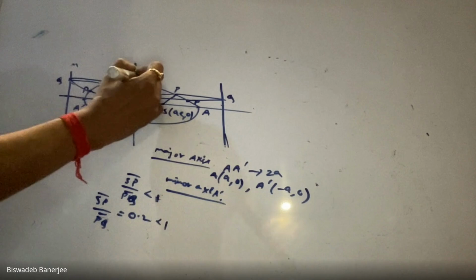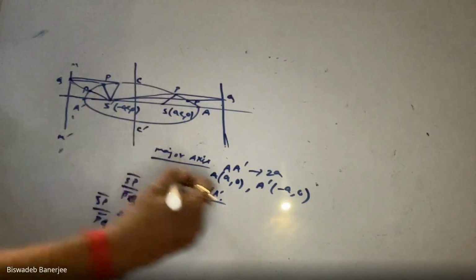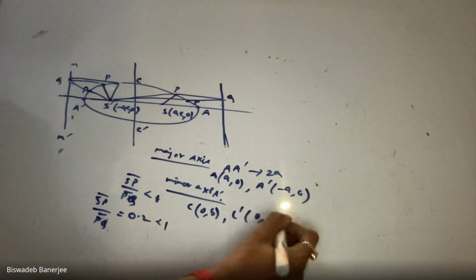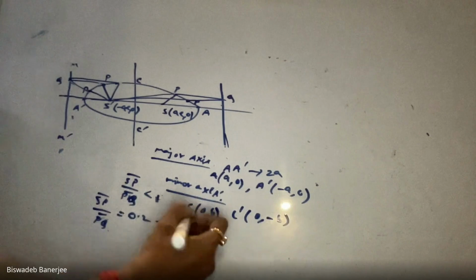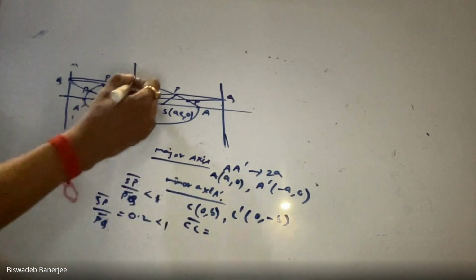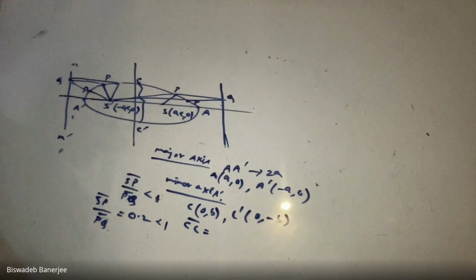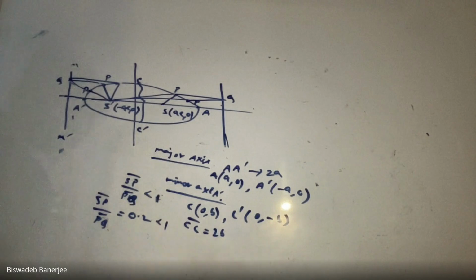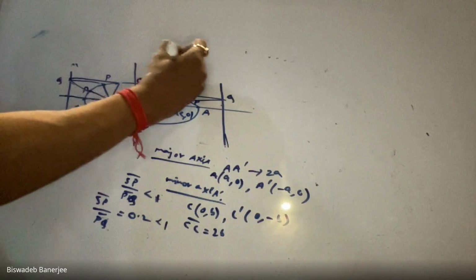There is my minor axis, CC dash. My C is (0, B). My C dash is (0, minus B). So the length of the minor axis CC dash is 2B. Okay. Major axis, minor axis. And then my vertices.